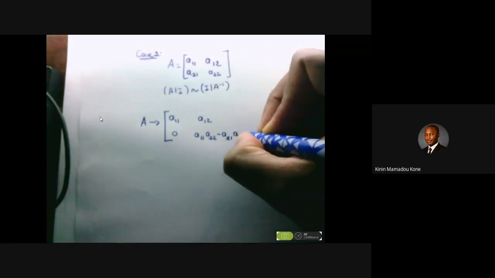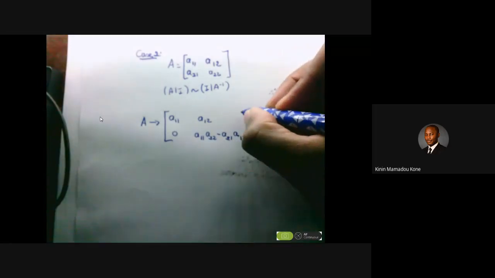So we can perform some row operations on the matrix A, and we can obtain the following: A11, 0, A12, and A11 A22 minus A21 A12.